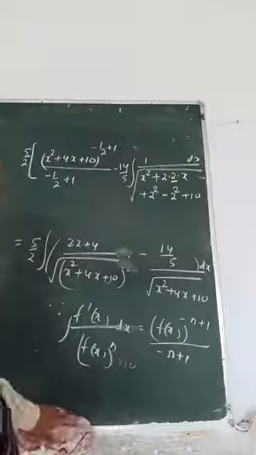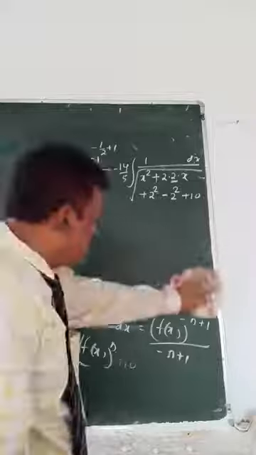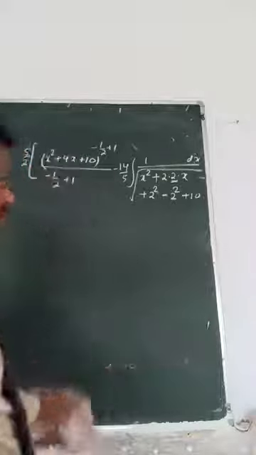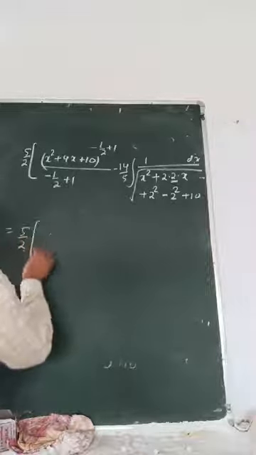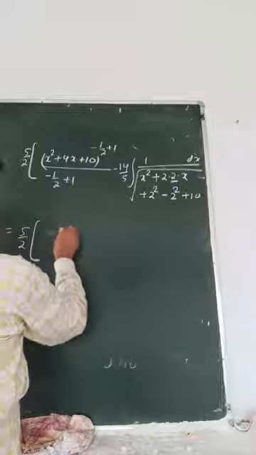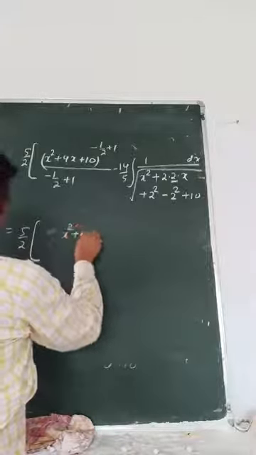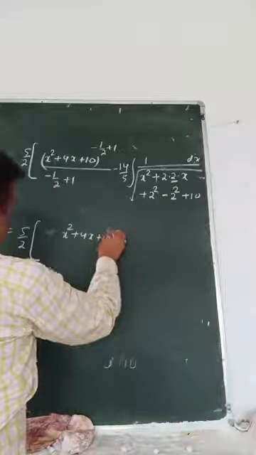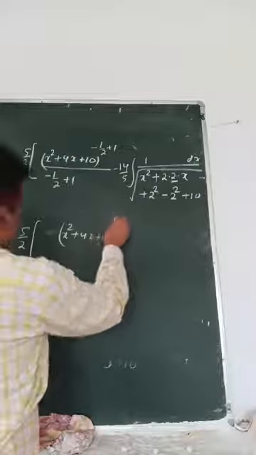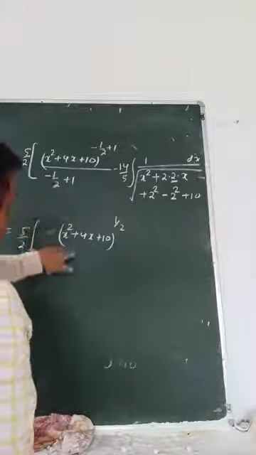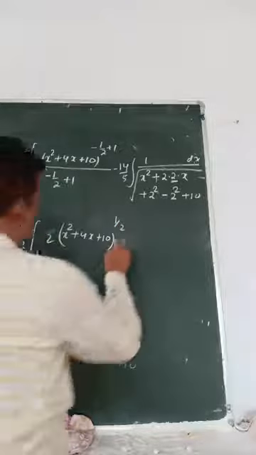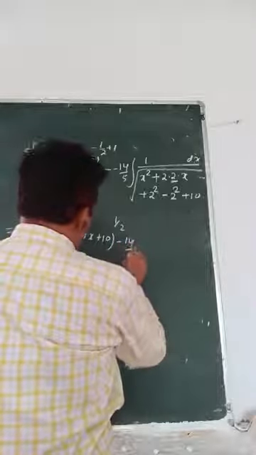So this became 5 by 2 times x square plus 4x plus 10 to the power half. Half means here it will be 2 here. Minus 14 by 5.